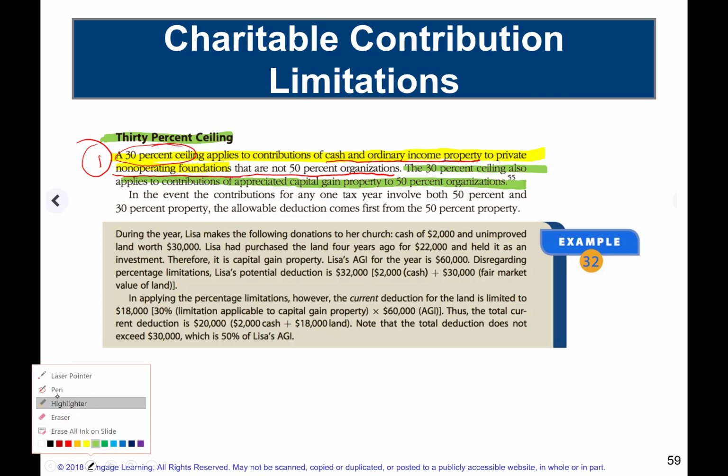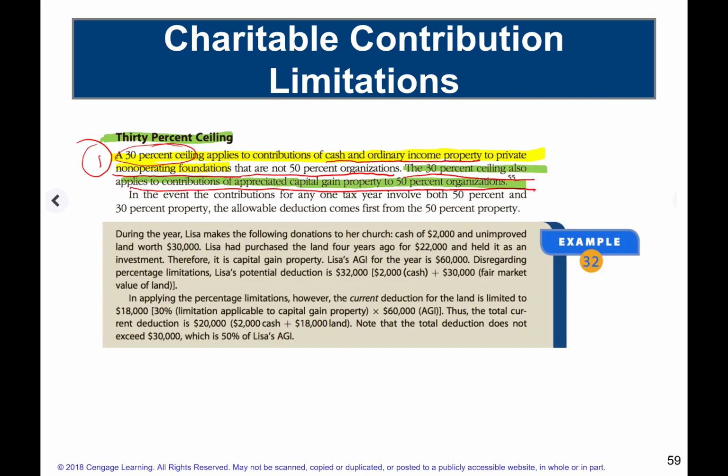So notice that we had the 50% limitation in that one little example that we looked at, and we made sure they didn't exceed the 50%, and none of the items being provided were capital items. But if you're dealing with capital items that you're going to contribute, then they're going to apply that 30% category limitation for capital contributions. So they're only going to let you take 30% of your AGI for that.